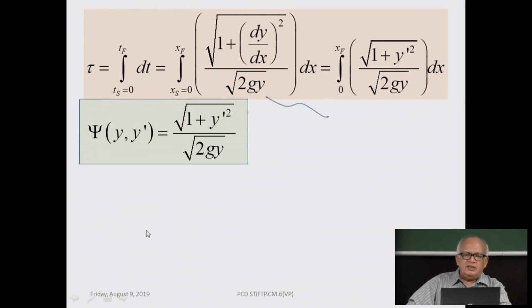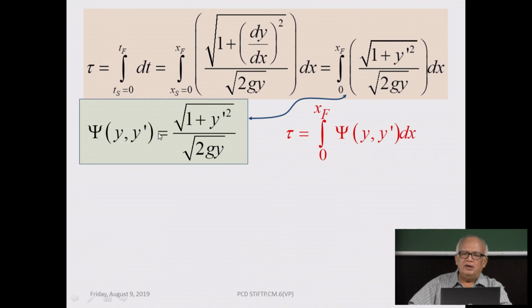So let us write this integrand, which is the square root of 1 plus y prime squared, where y prime is the derivative of y with respect to x. And this integrand is what I have written as psi, which is a function of y. There is a y sitting in the denominator under the square root sign, and there is a y prime over here. So this integrand is actually a function of y and y prime. This is your function psi. This is the integral.